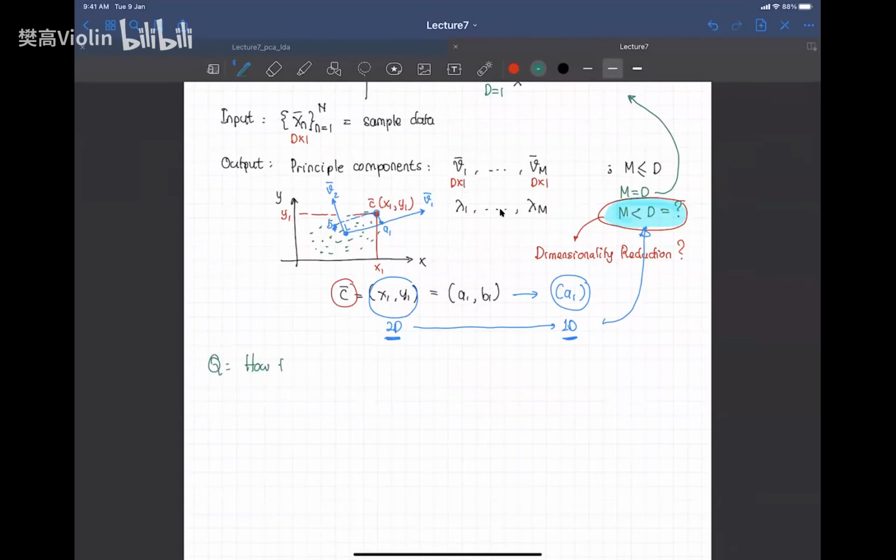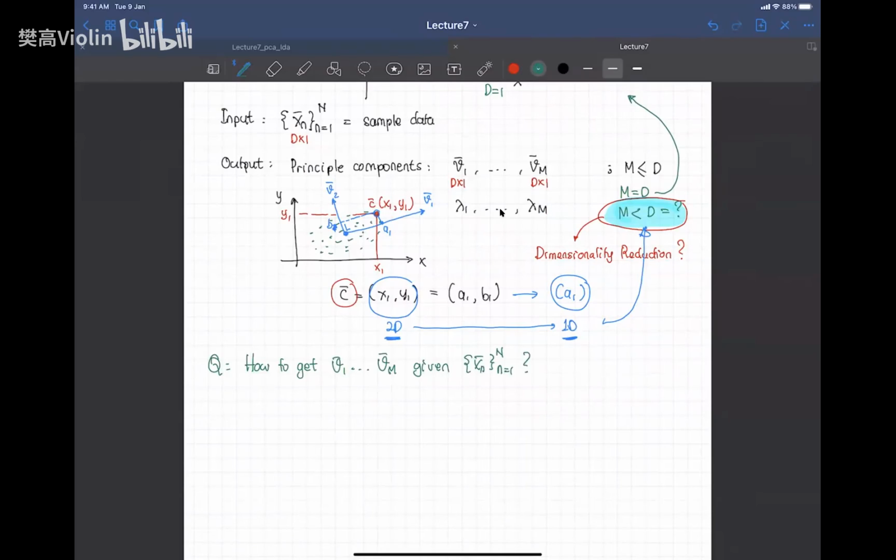How to get V1 until Vm, given the input samples xn, n equals 1 until N. This is the question that we need to answer.